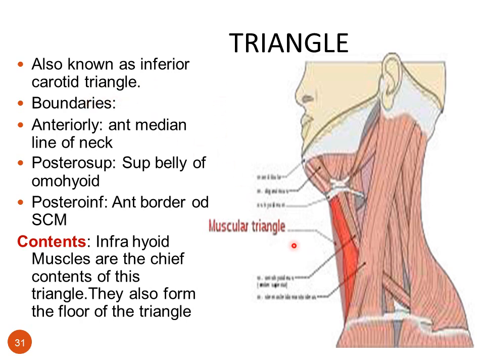Then we have a muscular triangle. Boundaries of the muscular triangle: anteriorly, anterior midline of the neck; posterior superiorly, the superior belly of the omohyoid; and posterior inferiorly, anterior border of sternocleidomastoid muscle.